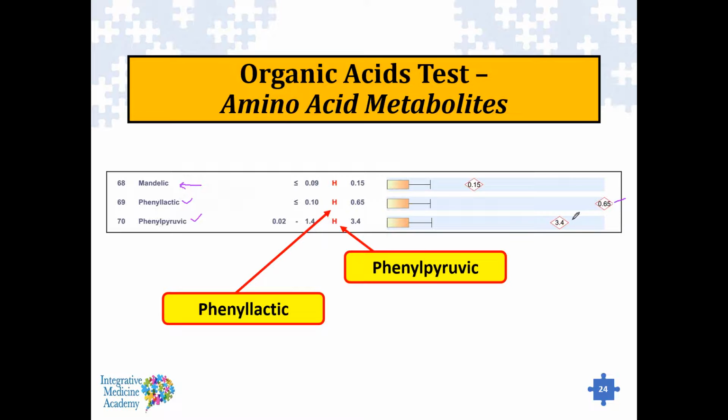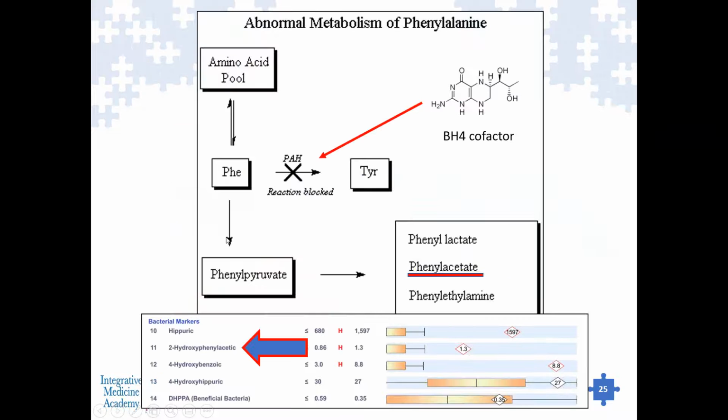So if you see these elevated, it's telling you that there's some issue happening in phenylalanine metabolism. But the reality is if you're doing OAT testing in adults, it's not likely that they have phenylketonuria, but they may have some kind of defect in the enzymes that control phenylalanine, specifically phenylalanine hydroxylase, because phenylalanine hydroxylase is the enzyme that converts phenylalanine to tyrosine.